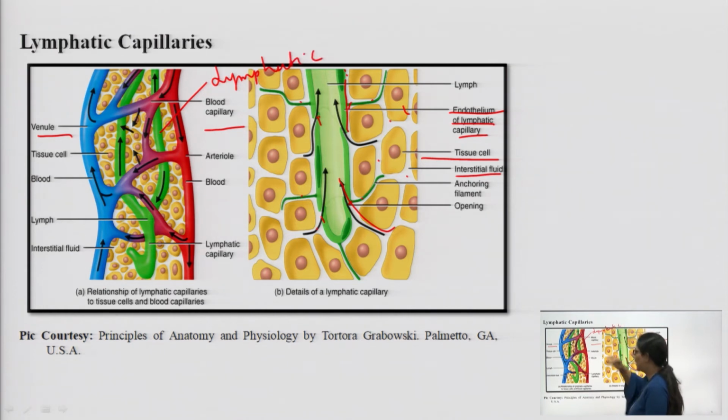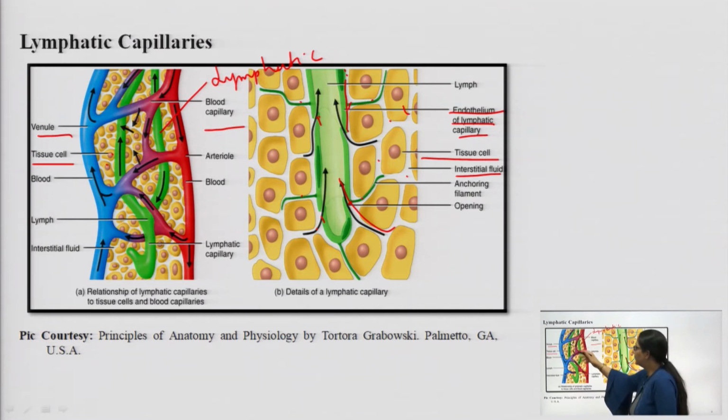Lymphatic capillaries carry the lymph, and lymph is nothing but the excess interstitial fluid which comes from the tissues. This yellow portion is the tissue cell, so the tissue cell allows the excess fluid into the lymphatic capillaries.